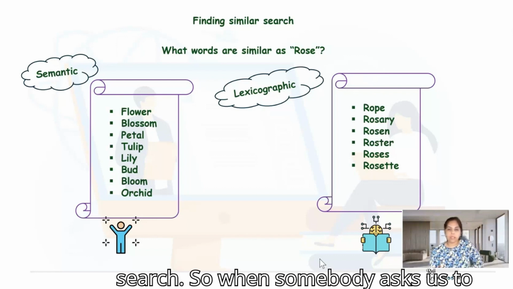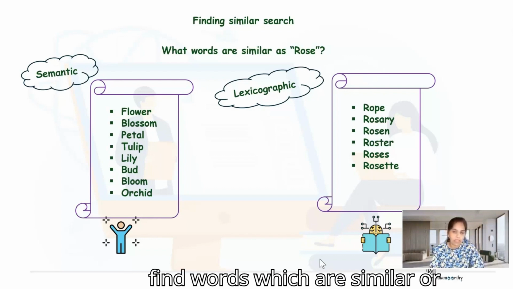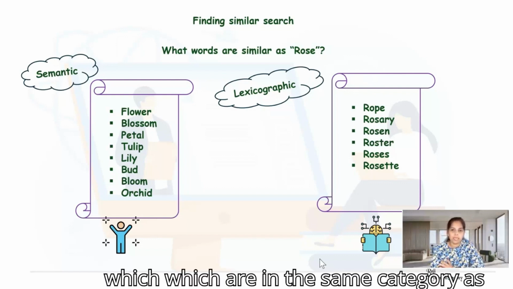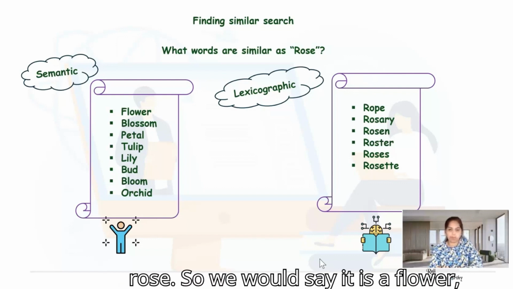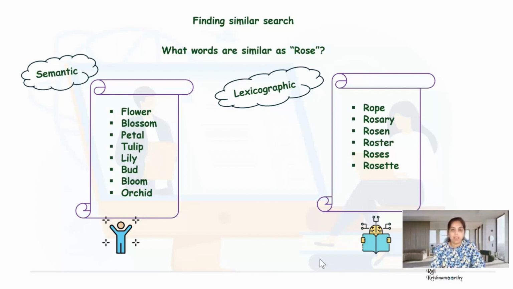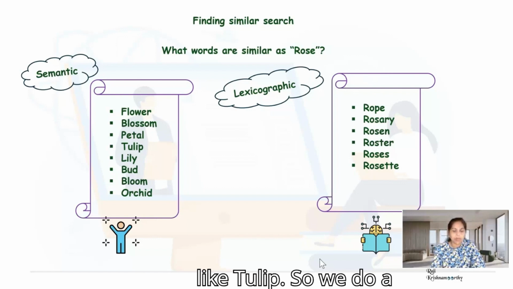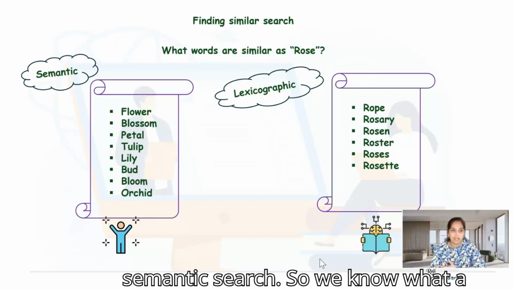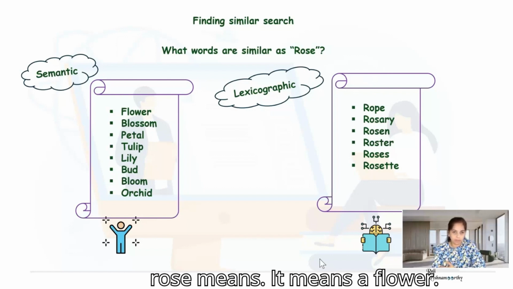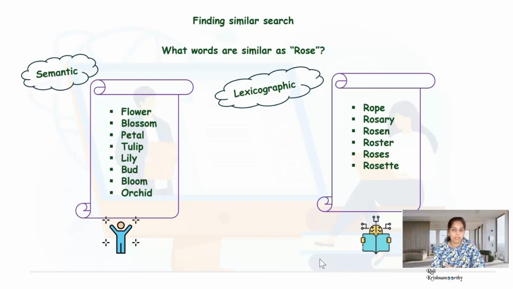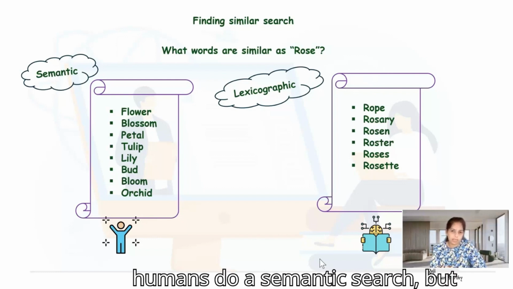When somebody asks us to find words which are similar or in the same category as rose, we would say it is a flower, it has petals, and there are other flowers like tulip. So we do a semantic search. We know what a rose means. It means a flower. We also know what other flowers are similar to rose. So we humans do a semantic search.